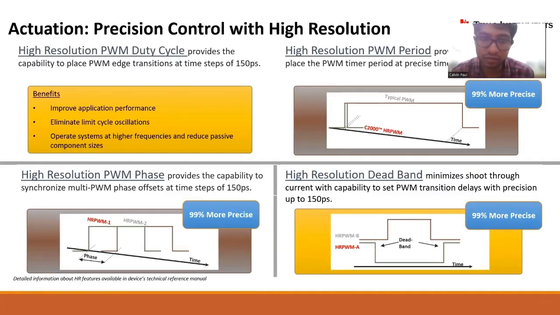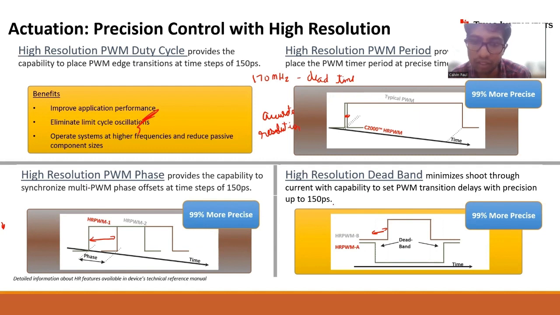So the resolution: you want to have a small change. As I told, we were using a clock of 170 megahertz for the dead time. If this clock is made faster, then I can get a finer, more accurate resolution. Similarly over here, a resolution of 150 picoseconds is available for the TI microcontroller.